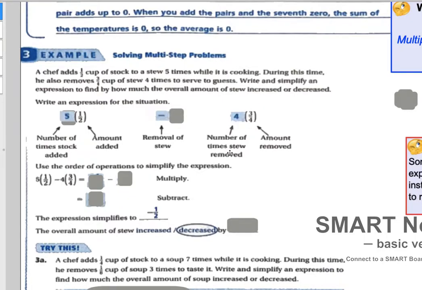And then we have the group numbers, right? There were 4 times that he's going to serve or remove 3/4 cup. So that removal over here is part of this equation. So you multiply these two numbers, and then you'll be able to subtract it from how much water or stock has been added to the pot.